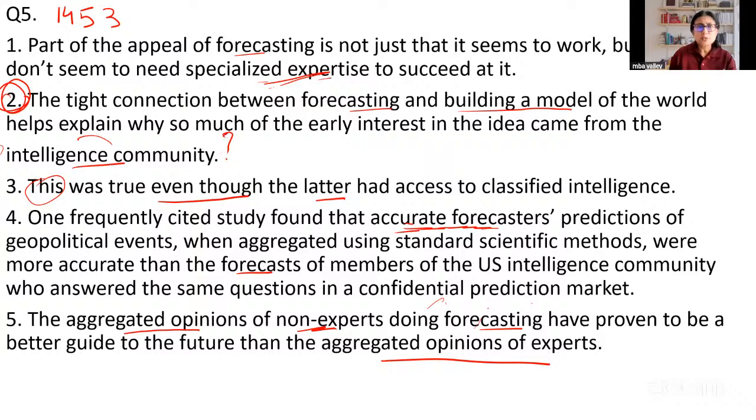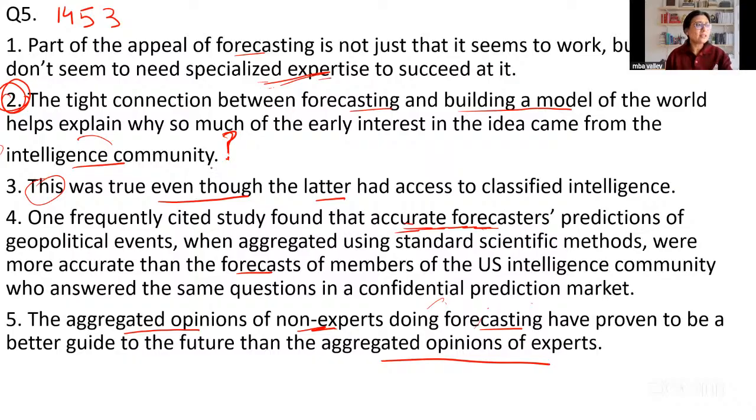What is sentence number 2 doing? Sentence number 2 shifts the focus to the intelligence community's interest in forecasting models rather than continuing the discussion on the accuracy and the success of forecasters. This is actually unrelated to the passage.